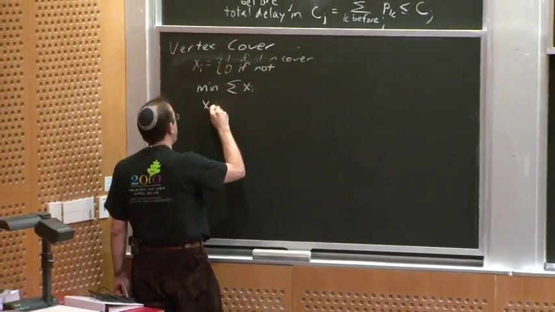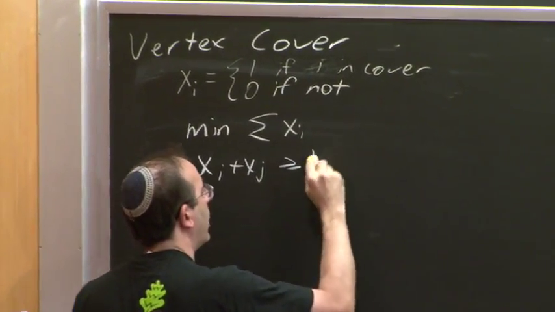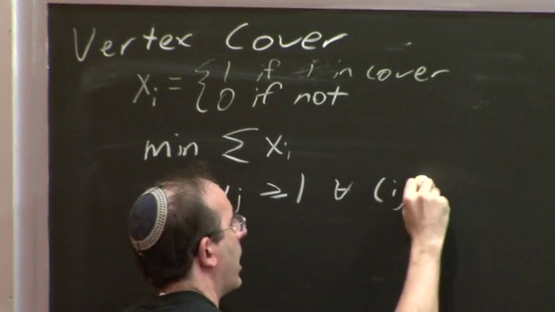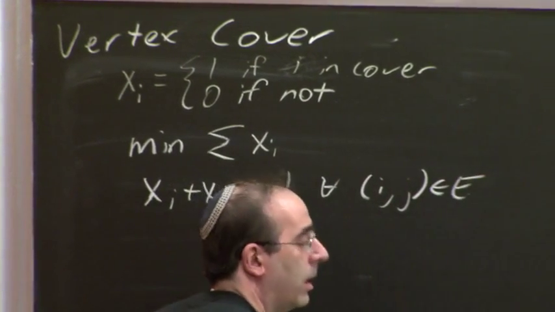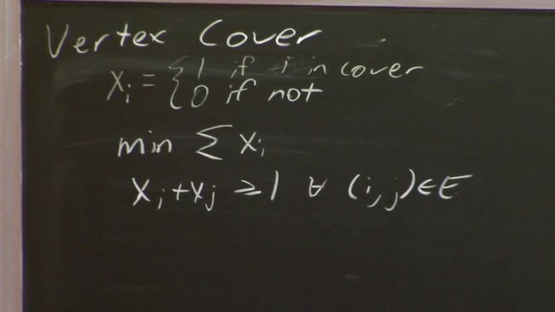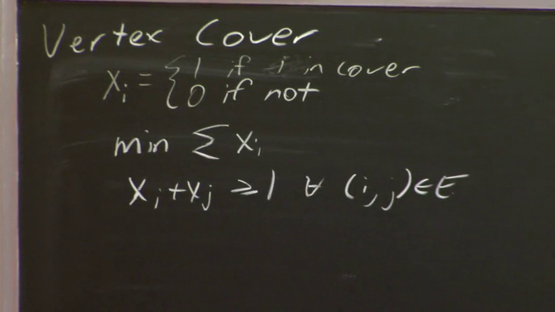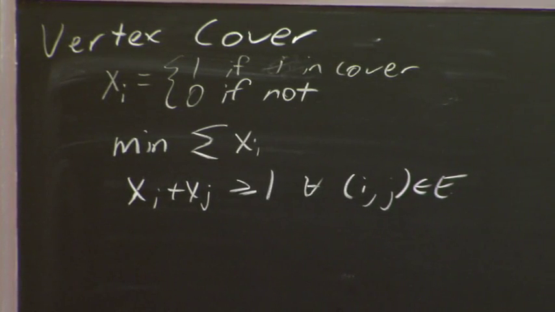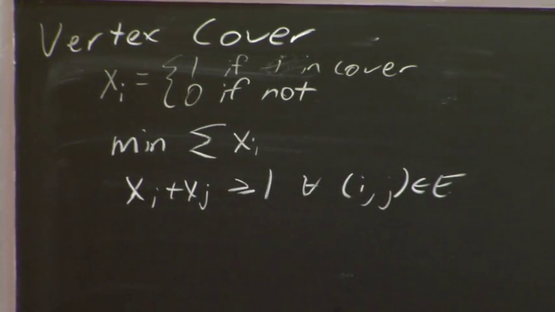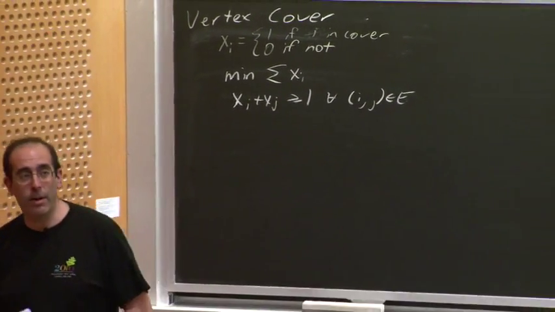Good. And look at that, I've just written down a linear program that represents the vertex cover problem, right? So if I can go off and solve this linear program, I'll have a solution to the vertex cover problem.